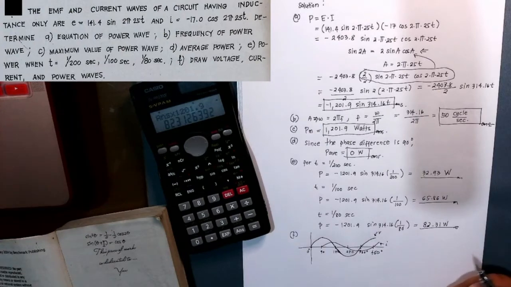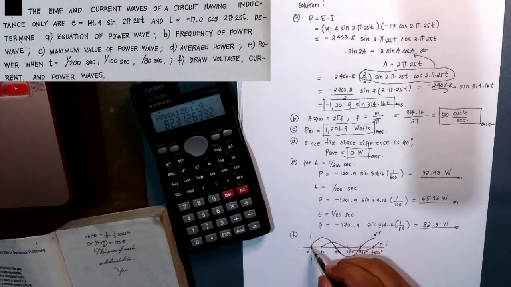Okay, so the power is the multiplication of your voltage and the current. When you multiply the voltage at this point, which is 0 value, times the current, it will give us a 0 value of the power. So your power will start here, and your current is actually negative on this area from 0 to 90. So negative current times the positive voltage will give us a negative value of power.